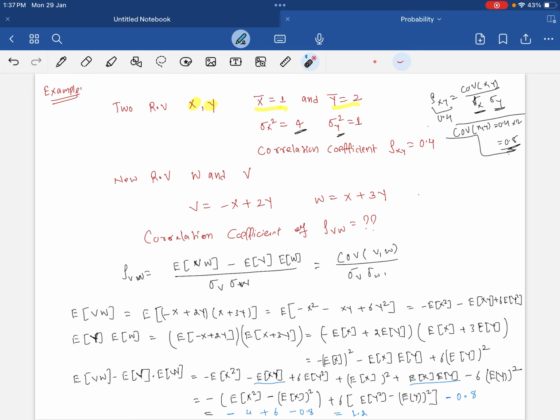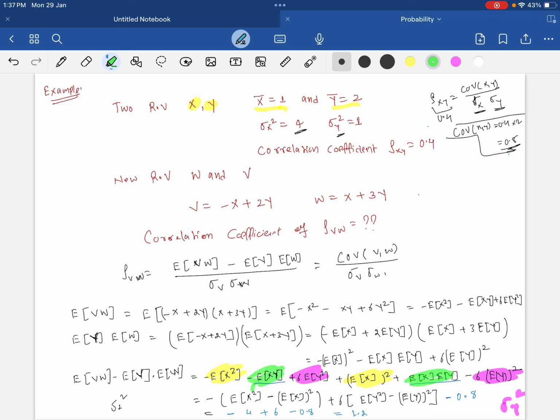After doing all these algebraic calculations, the main point is that these two terms will give you sigma x square, and these two terms will give you sigma y square, and we are left with these two terms.